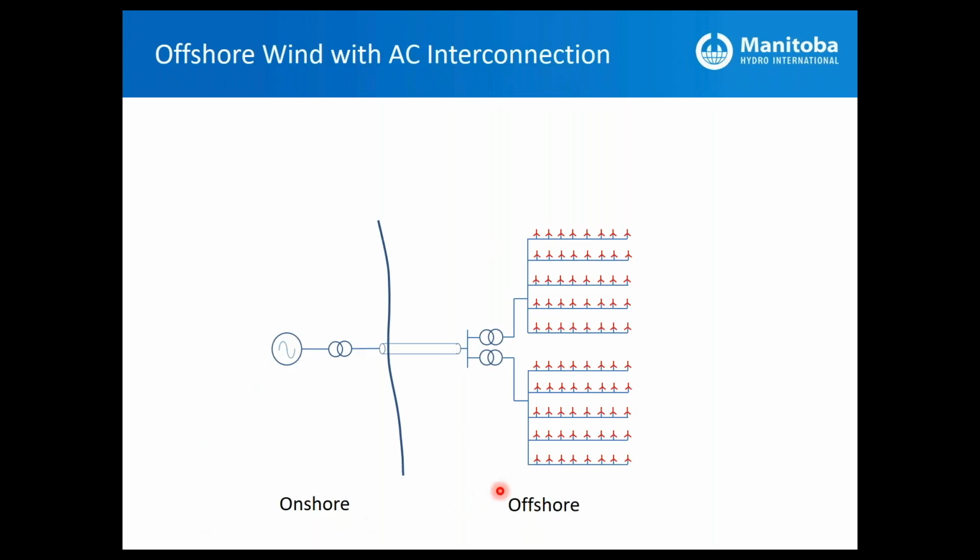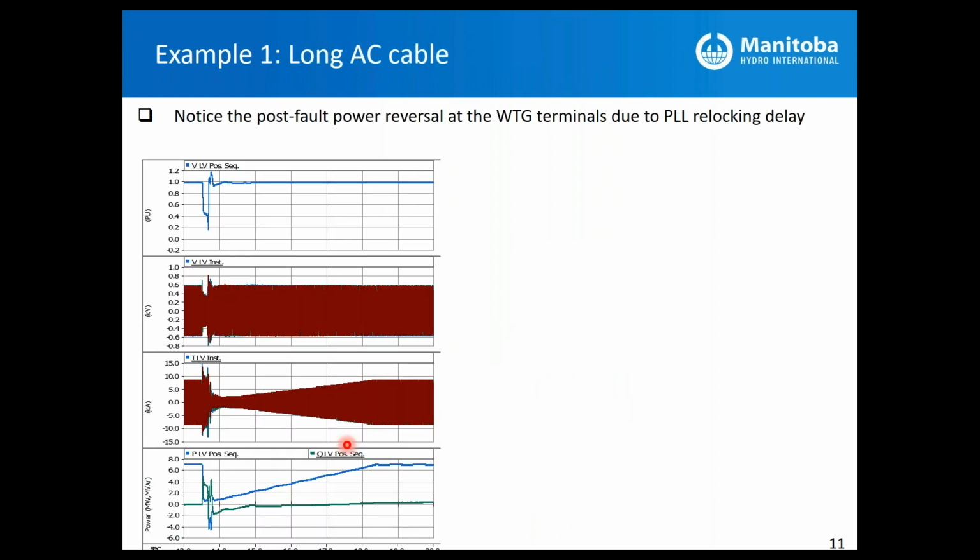So if the operator decides to use the renewable injection rather than the conventional generators, then you might also lose the inertia in the area. So you might compromise the phase angle stability of the point of interconnection to the onshore network. Let's see what this means.